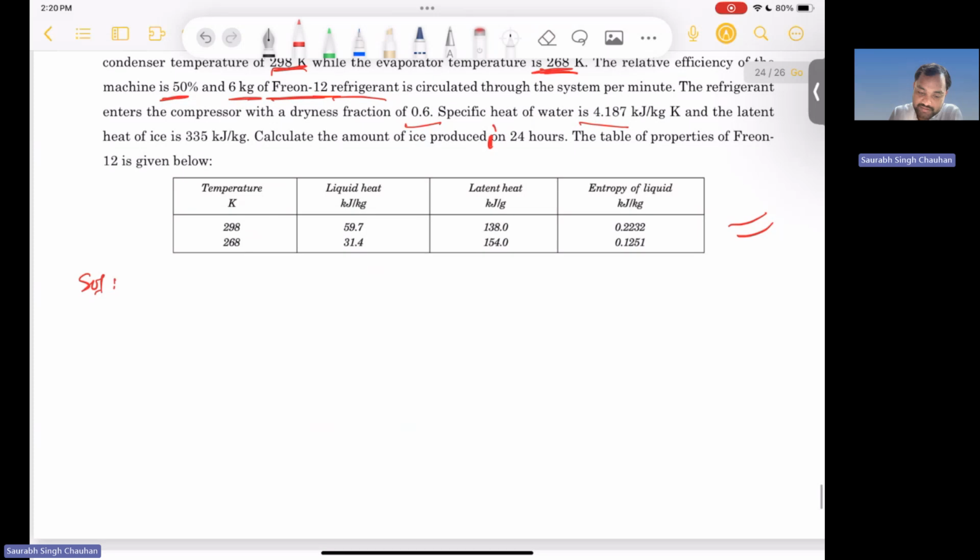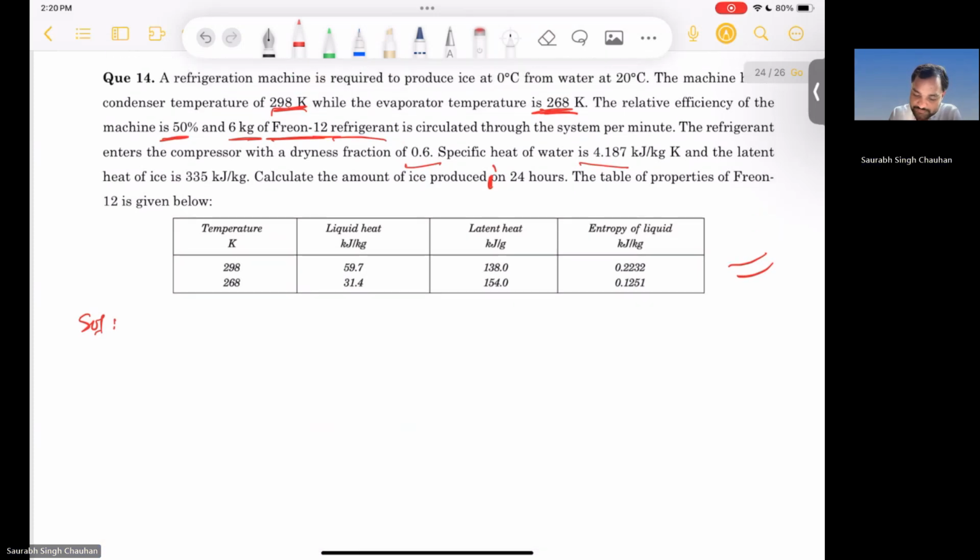So again, we will begin by making the table and the TS diagram.